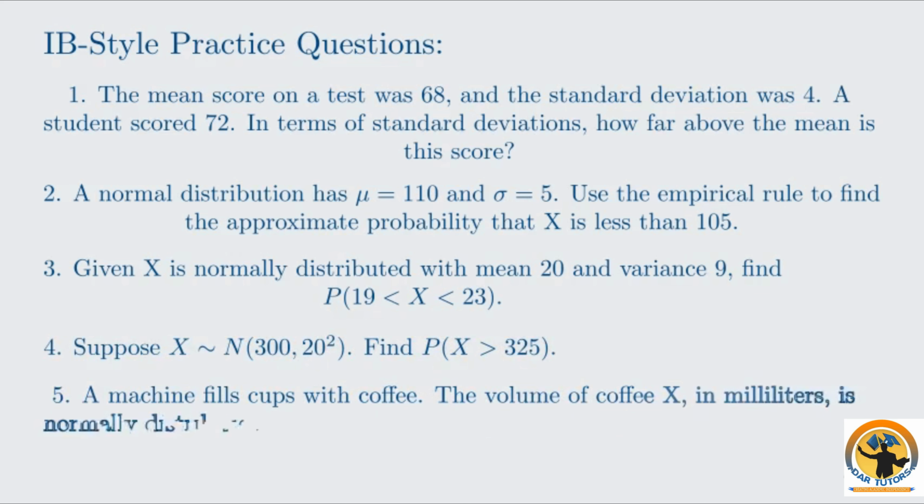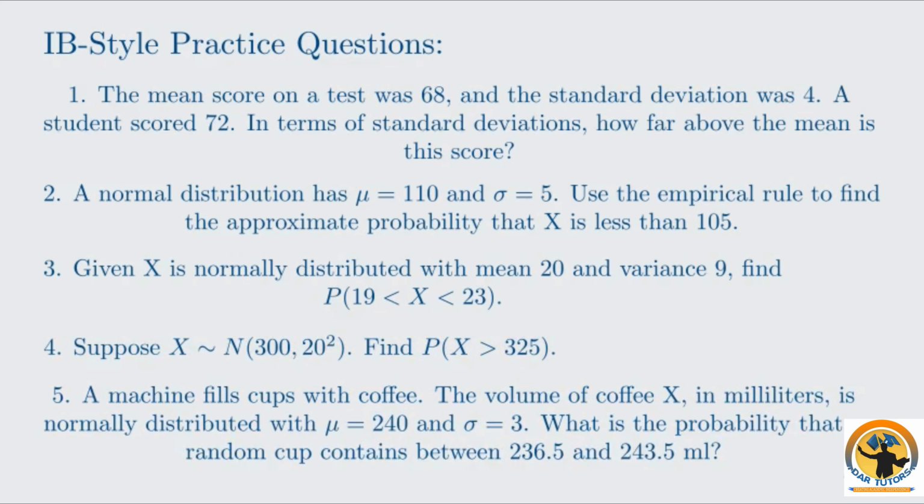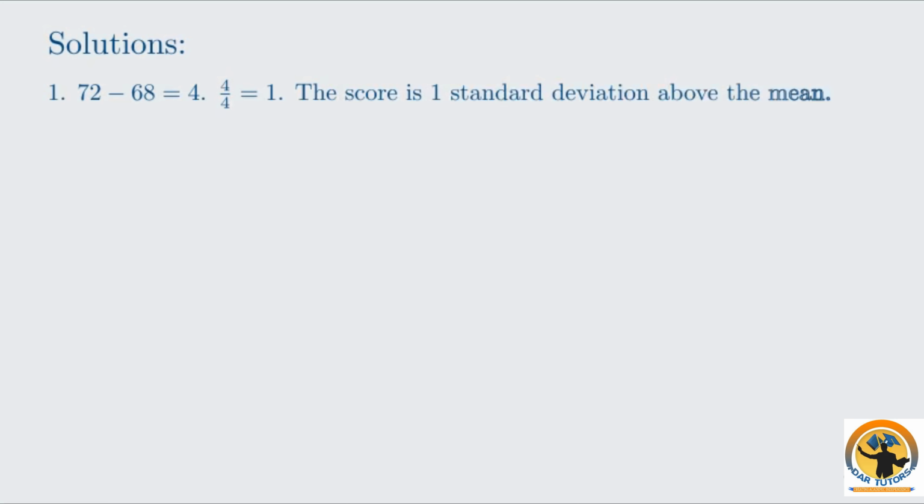And 5. A machine fills cups with coffee. The volume of coffee X in milliliters is normally distributed with mu 240 and sigma 3. What is the probability that a random cup contains between 236.5 and 243.5 milliliters? Let's go through the solutions. For question 1, the score 72 is 4 units above the mean of 68.